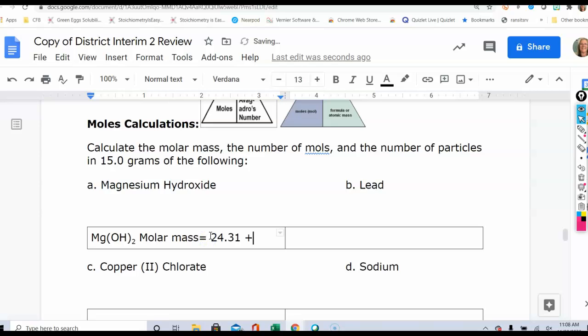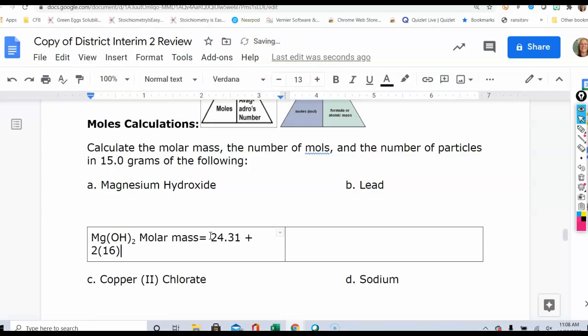I'm going to add that to 2 times 16 for 2 oxygens, because remember the 2 distributes inside. And then I'm going to add that to 2 times 1 for the hydrogen, giving me a total of 24 plus 32 plus 2. So 32 plus 26 is 58.31.